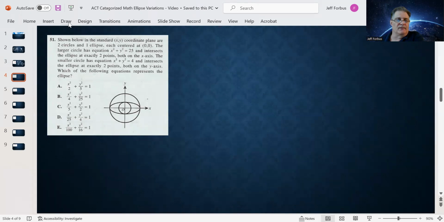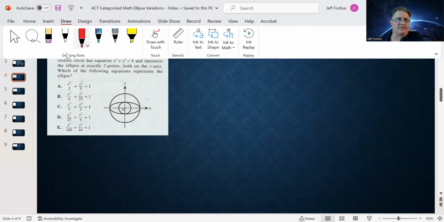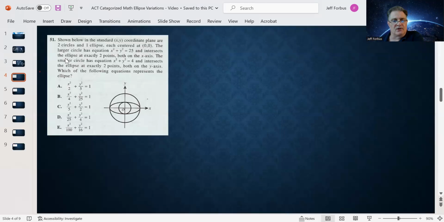Okay, so let me do this, change my pen tip. So the larger circle is x squared plus y squared is equal to 25. Well, remember that's x squared plus y squared is equal to r squared. So the radius of the large circle is going to be a 5. That's the radius. Now, the other one is x squared plus y squared is equal to 4.